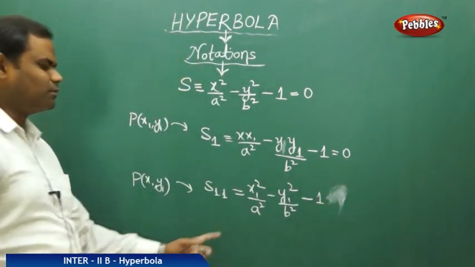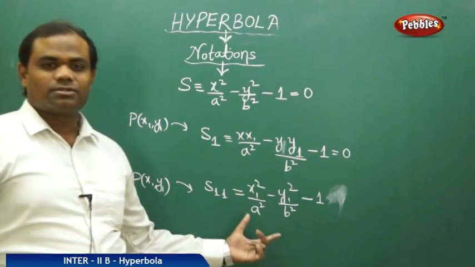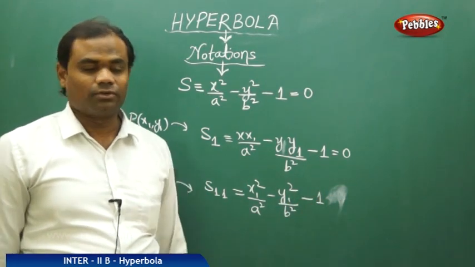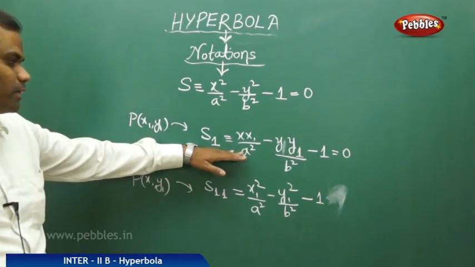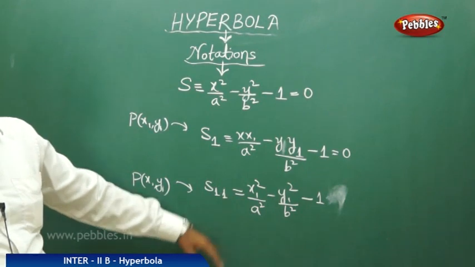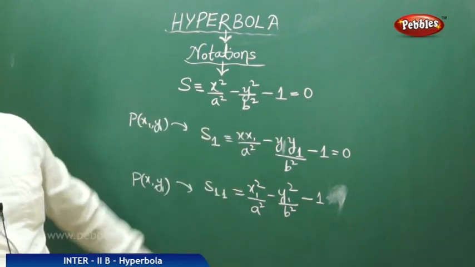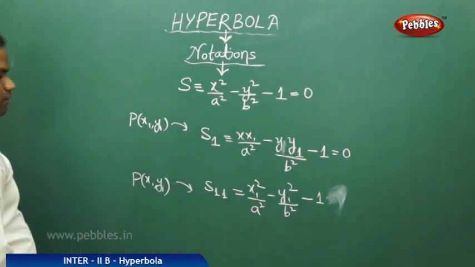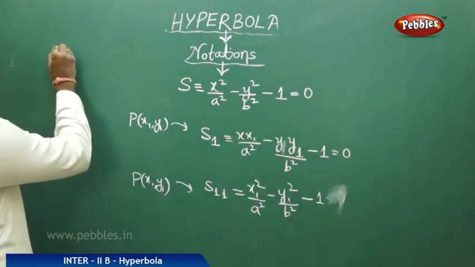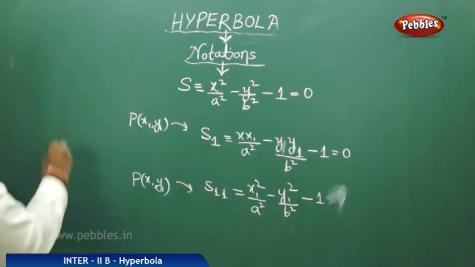This is a constant value. So this we don't equate to 0. So S11 is a constant value. And this is the equation of hyperbola. And suppose I want to find S12 corresponding to 2 points x1, y1 and x2, y2.